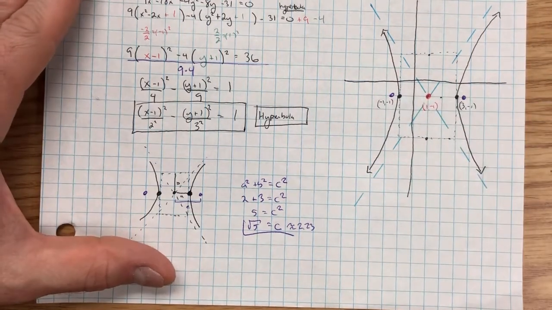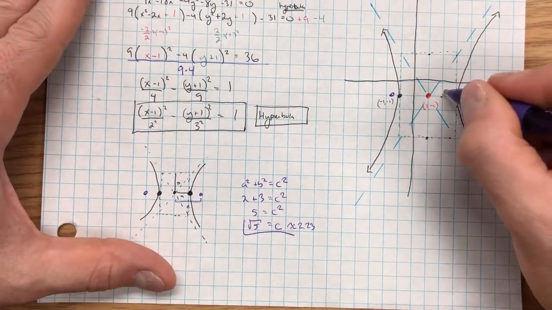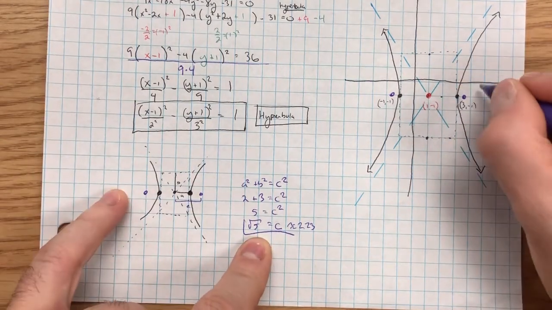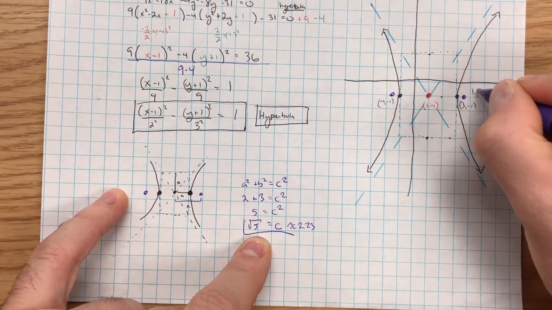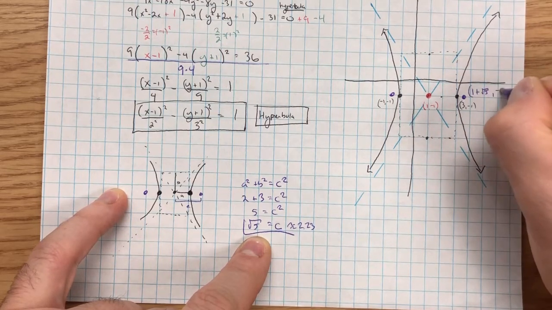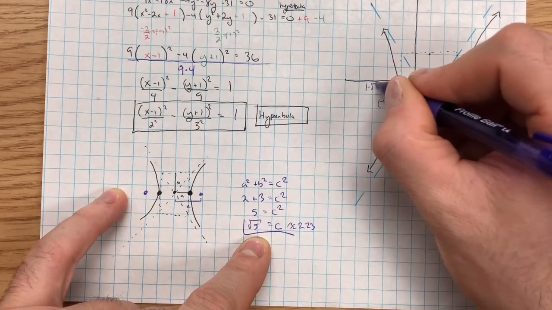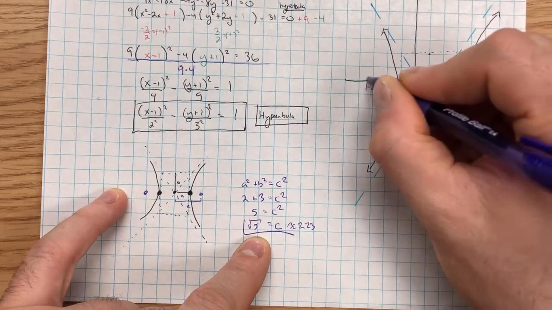My foci are going to be at, let's see, (1 plus root 5, -1) and (1 minus root 5, -1).